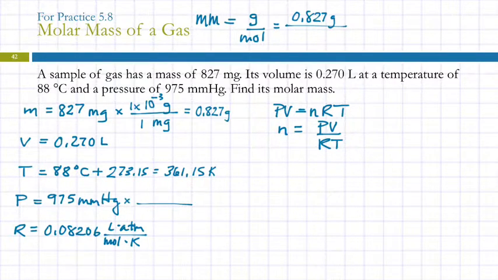We're going to do conversions like this a lot. So, atmospheres to millimeters of mercury. It's 1 atmosphere, 760 millimeters of mercury. So 975 millimeters of mercury is 1.2828 atmospheres.